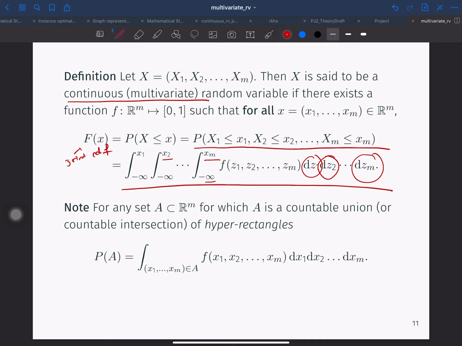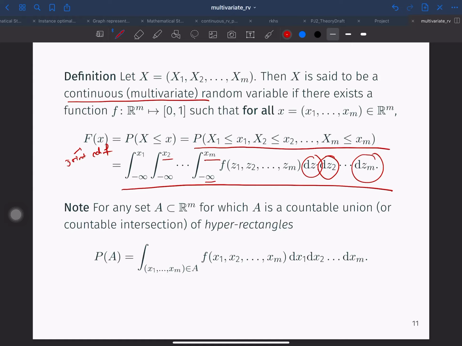Technically speaking, you would rather write it as dzm up to dz1, because really you have to integrate from inside to outside, but we don't do that just because there will be more things to keep track of. So you have to understand that you will know the limits of integration from the context.